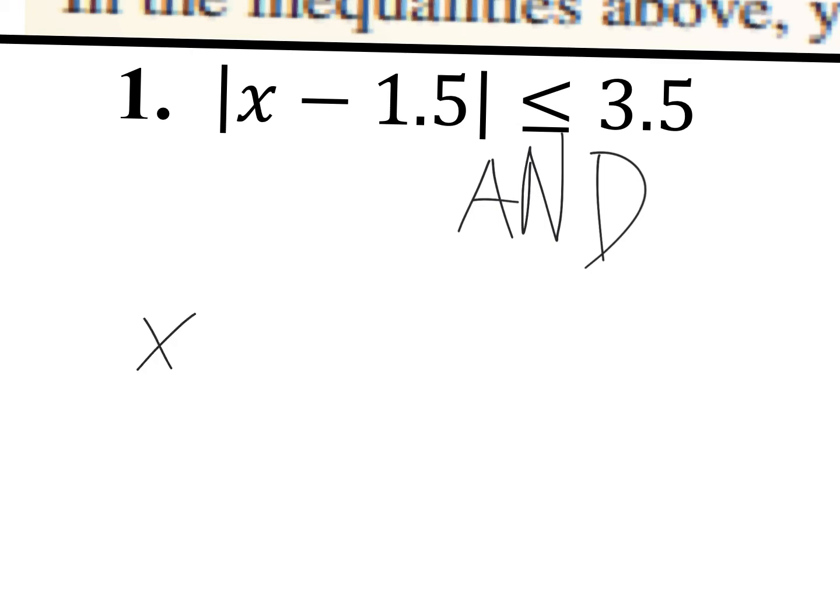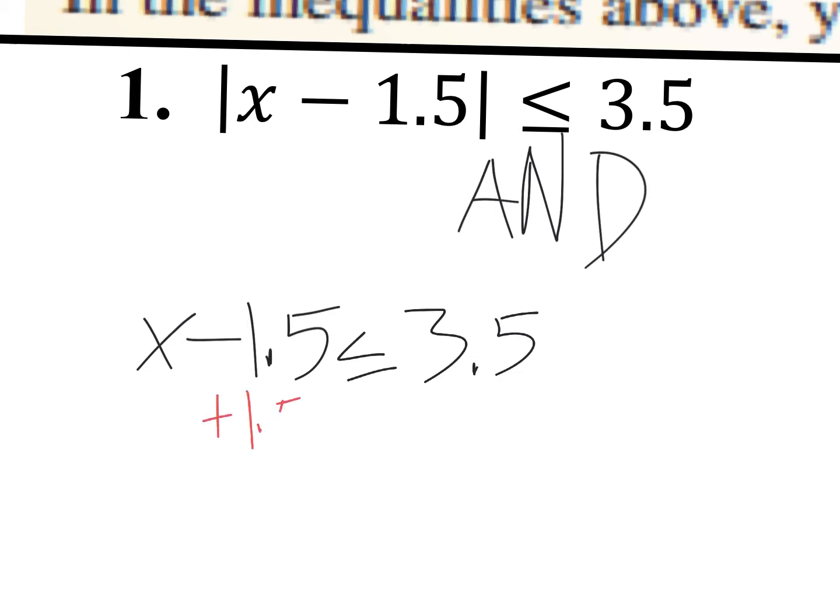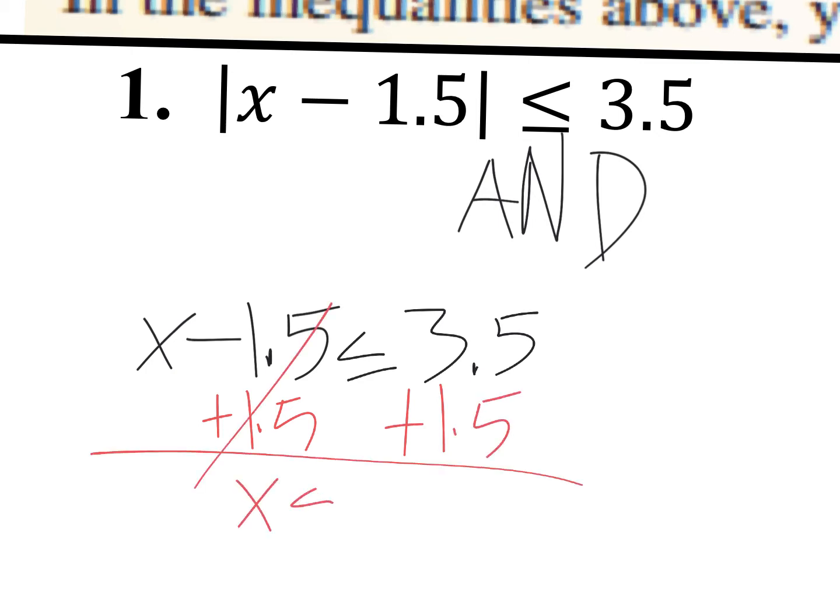The first thing you're going to want to do is just drop the absolute value bars and solve it without changing any signs or inequality signs. So x minus 1.5 is less than or equal to 3.5. I can simply add 1.5 to the other side, and I get x is less than or equal to 3.5 plus 1.5, which is 5.